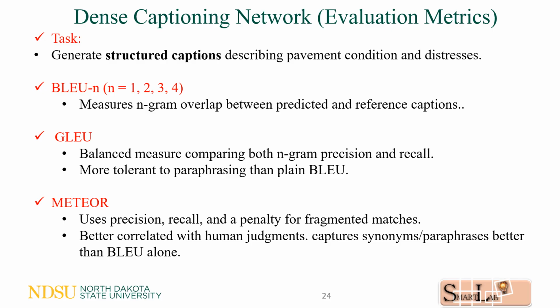The BLEU metric measures the n-gram overlap between the predicted and the reference captions, comparing precision and recall. METEOR uses precision, recall, and a penalty for fragmented matches, and is normally better correlated with human judgments, and is able to capture synonyms and paraphrases better than the BLEU score alone.